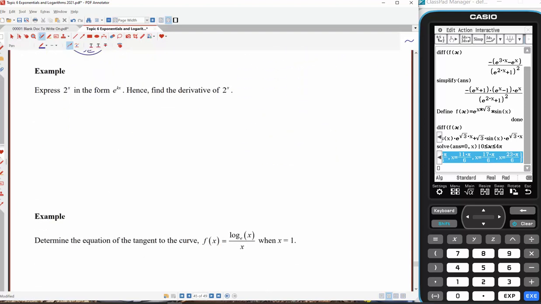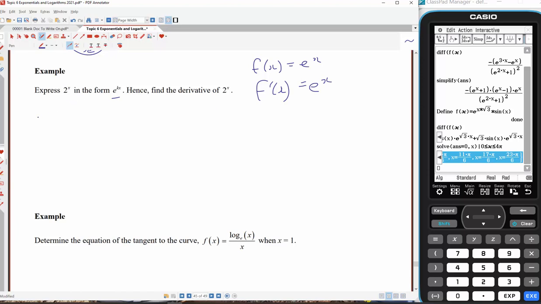Okay, express 2 to the x in the form e to the kx, hence find the derivative of 2 to the x. Basically we want to write this in base e so that we can find the derivative of 2 to the x. Because remember, if f of x is e to the x, then f dash x is e to the x. It's easy to derive.